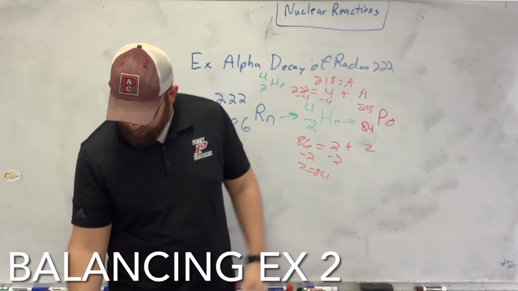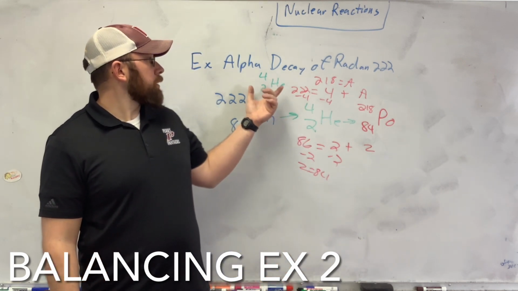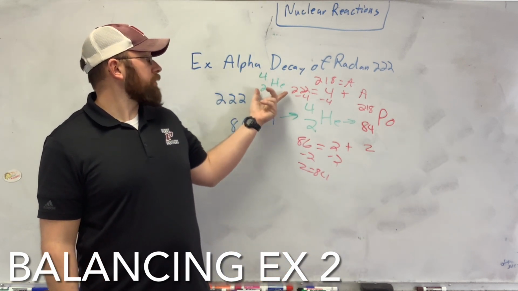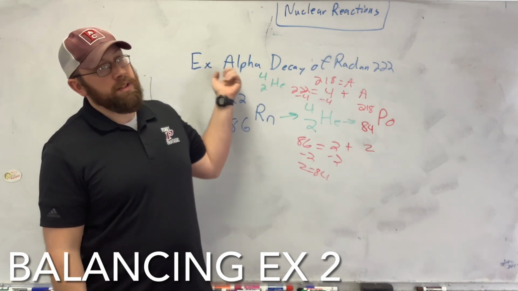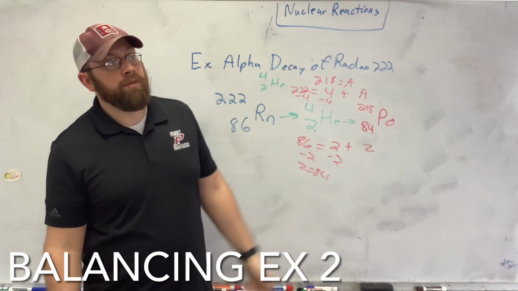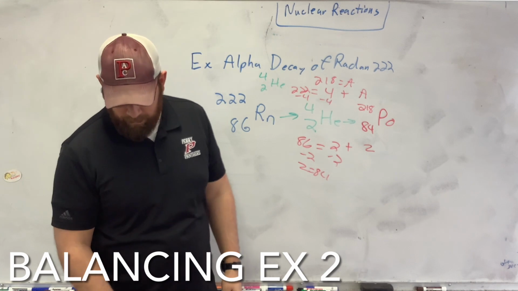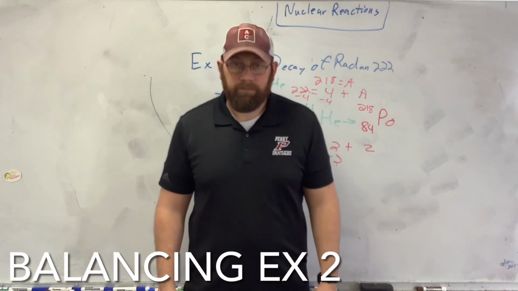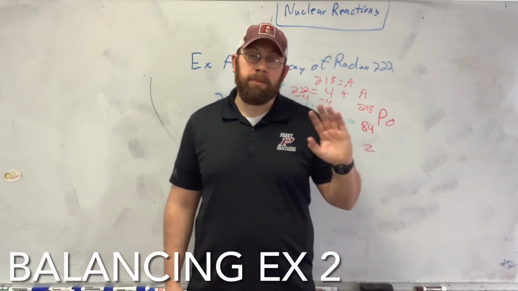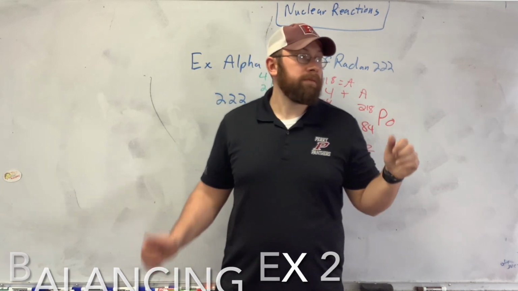And that is correct. So what you really have to remember here is what are you getting rid of? If you're getting rid of an alpha particle, it's going to be a helium atom. If it's a beta, then you're going to get rid of just one of the atomic number, not the atomic mass. That was my fault there.